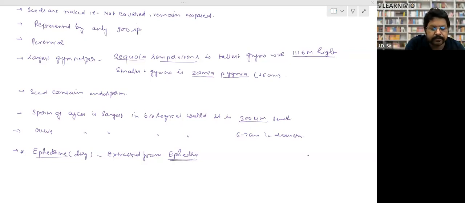Next. The ovule of cycas is also the largest in the biological world.